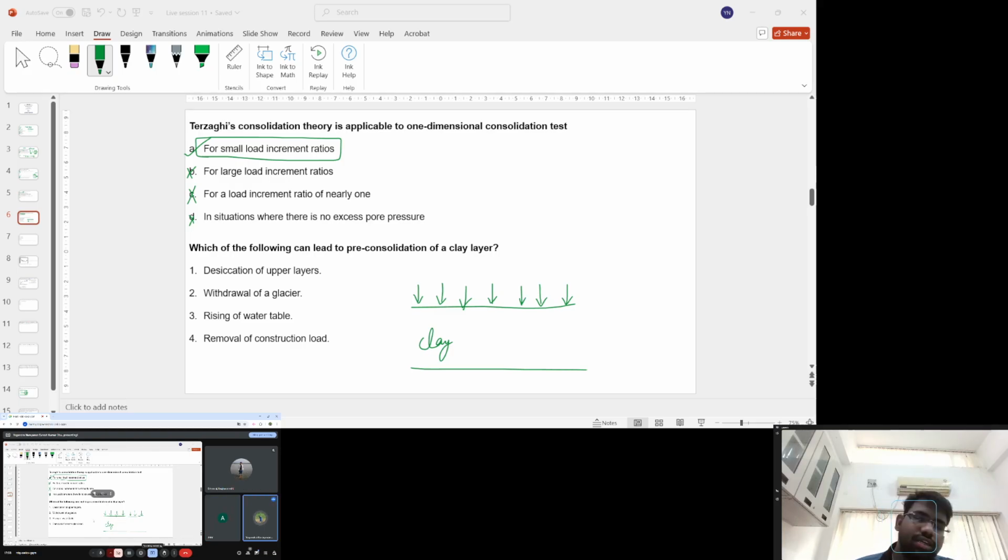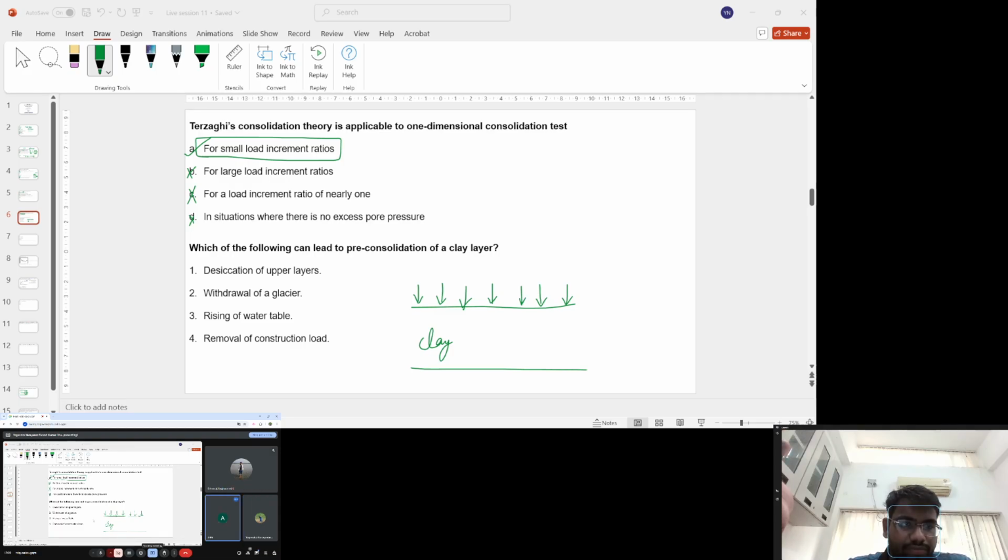For example, if there is a clay layer and a glacier is formed over that, in that case the load is going to increase. As well as if you are constructing a building, obviously the load coming onto the soil is going to increase. So it does not contribute to pre-consolidation, right?